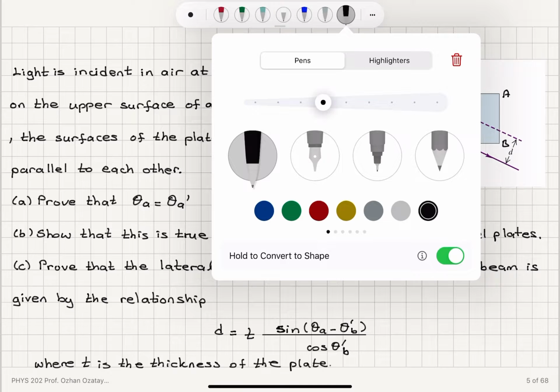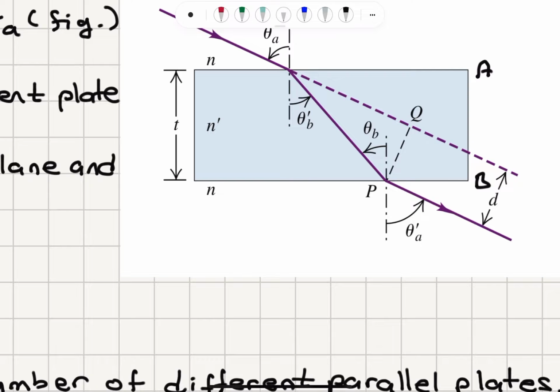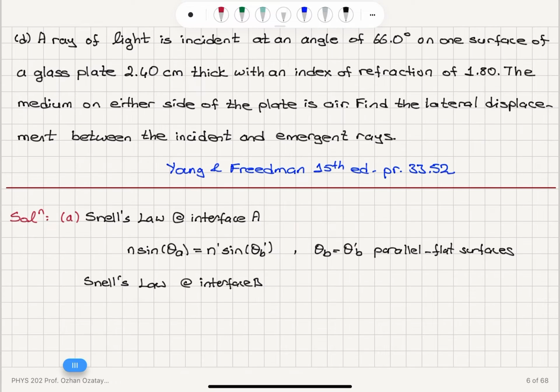For this interface, we're approaching the bottom surface with an angle theta B with respect to the normal and refracting with angle theta prime A in the medium with index of refraction n.